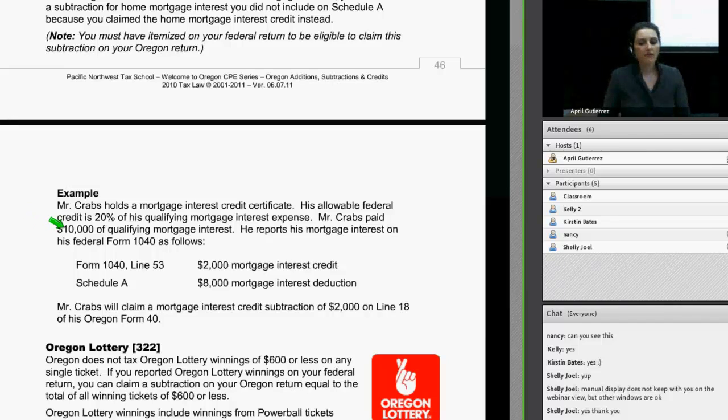Here's an example. Mr. Krabs holds a mortgage interest credit certificate. His allowable federal credit is 20% of his qualifying mortgage interest expense. Mr. Krabs paid $10,000 of qualifying mortgage interest. He reports his mortgage interest on his federal Form 1040 as follows. On Form 1040, line 53, he claims a $2,000 mortgage interest credit.